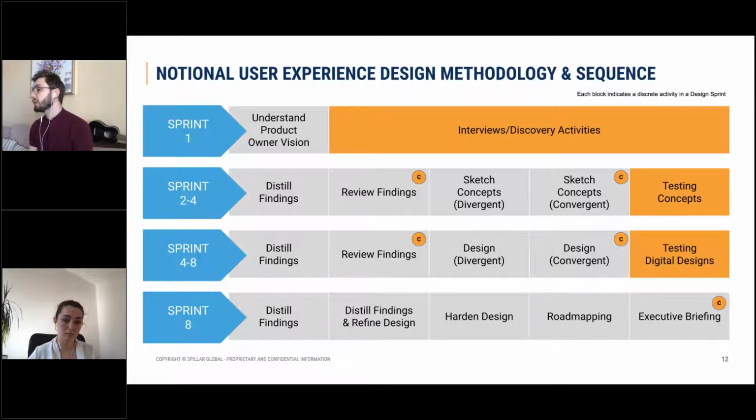So the last week of a typical discovery engagement would be reserved for just polishing the design, getting the prototype to be as well-rounded as possible, have an executive briefing, and hopefully come up with a roadmap, a plan that would showcase the way in which this concept can actually be implemented.